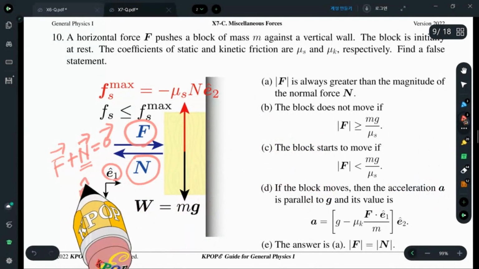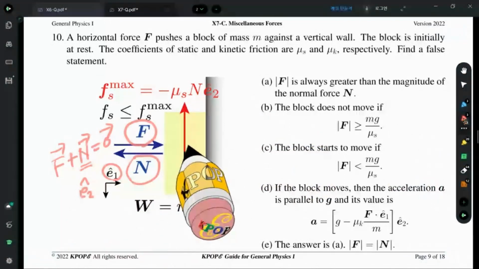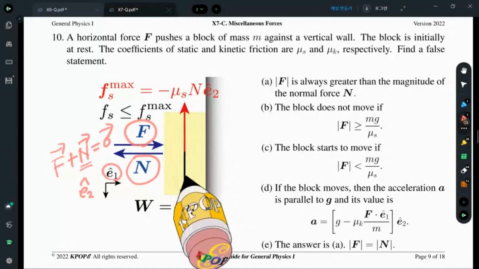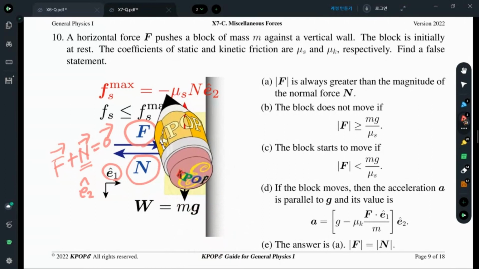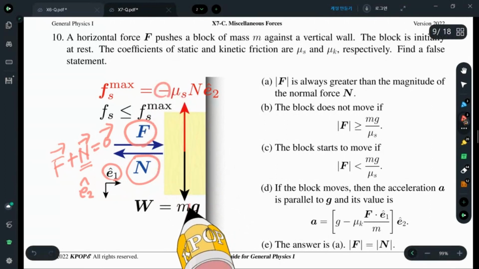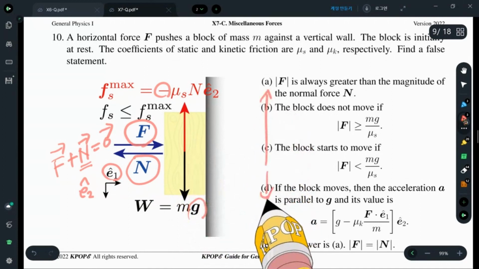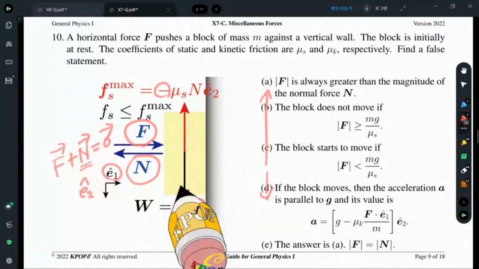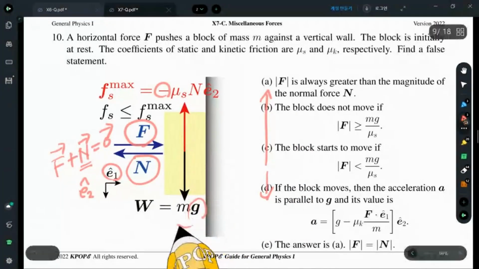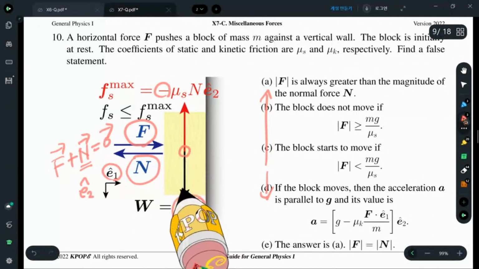E2 is downward, and frictional force is opposite to the direction of the gravitational force. Sure, if it is sliding up, then frictional force will be going down. But in here, it is in equilibrium, and the additional force, that is the gravitational force, tends to bring it down.